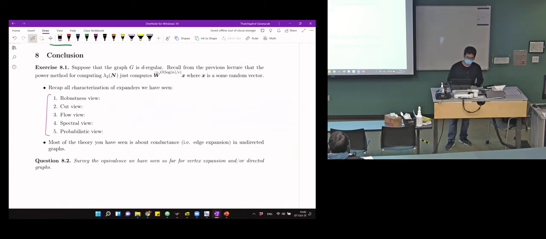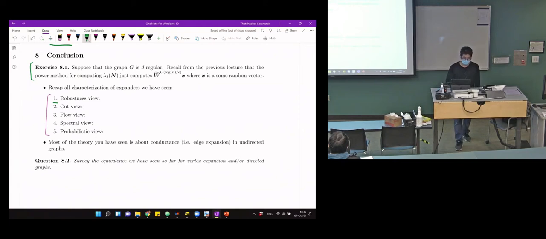We will discuss this tomorrow, but so far, this is the conclusion of the first half of the class. We have seen various ways to look at expanders. The first one is robustness.